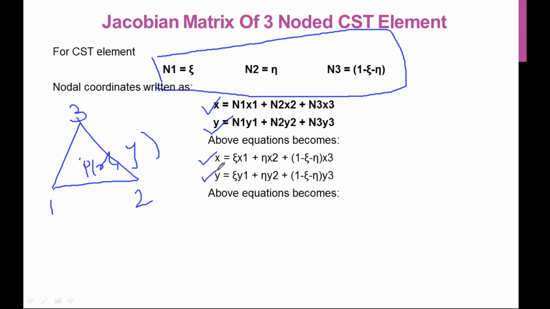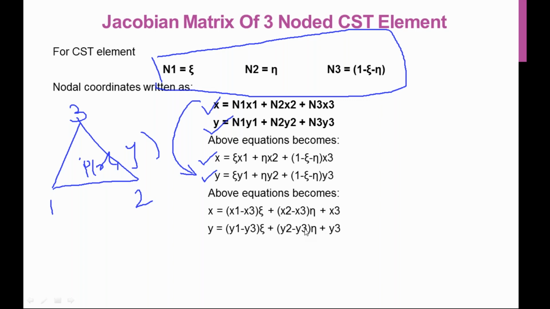So put the values of N1 to N3, then your equations become x is equal to zeta into x1 plus eta into x2 plus (1 minus zeta minus eta) into x3. Similarly for the y coordinates. Rearranging the terms, x is equal to (x1 minus x3) into zeta plus (x2 minus x3) into eta plus x3.